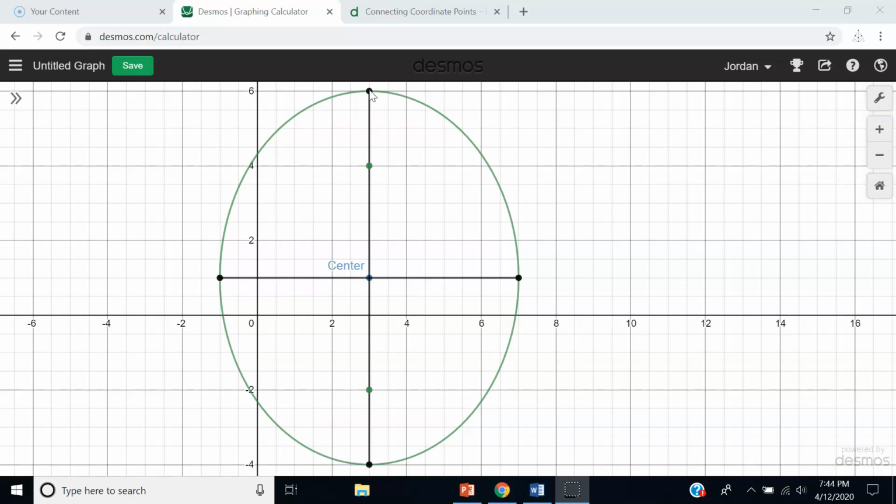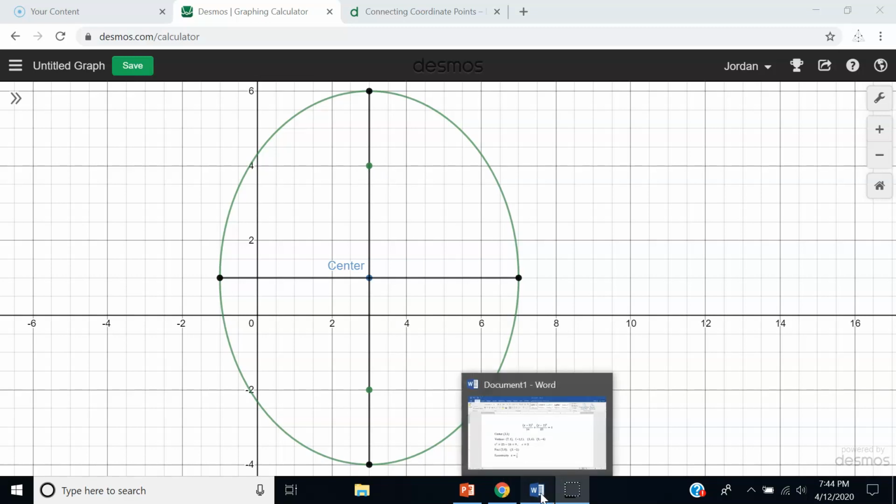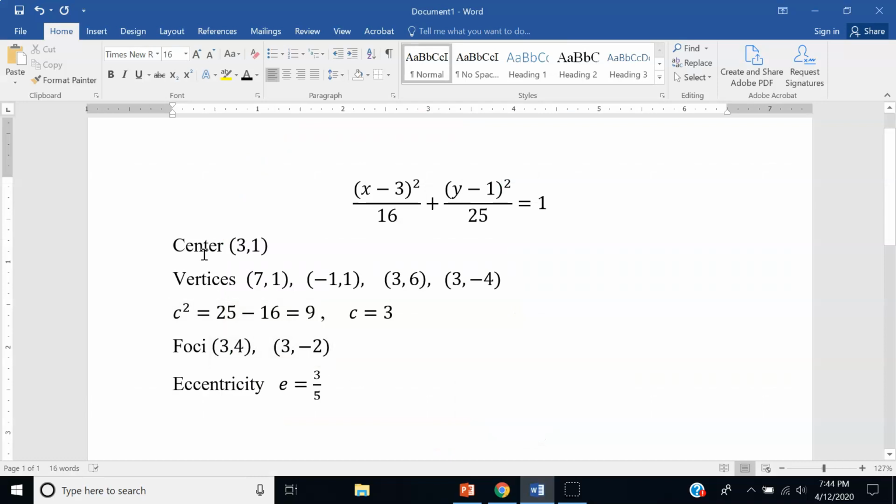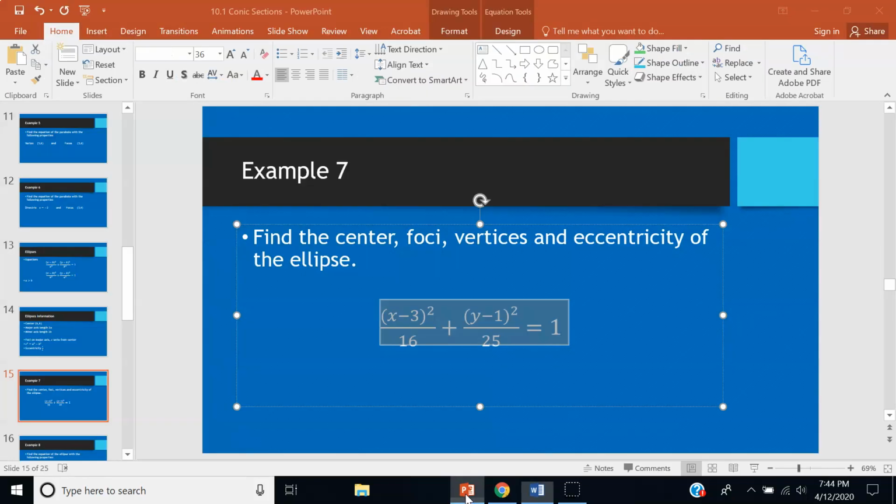The vertices are these points on the ellipse. And there are 2 foci. One of them, you go down from the center on the major axis. The other one, you go up from the center on the major axis. So there you go. We've covered center, vertices, foci, eccentricity.